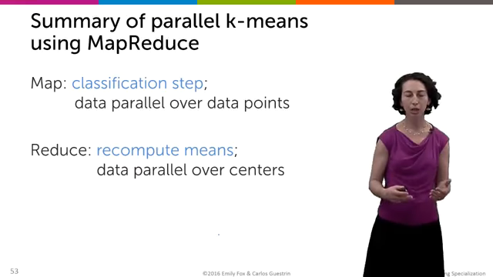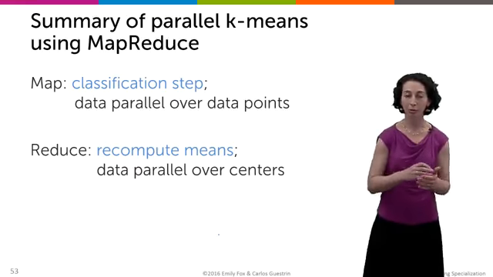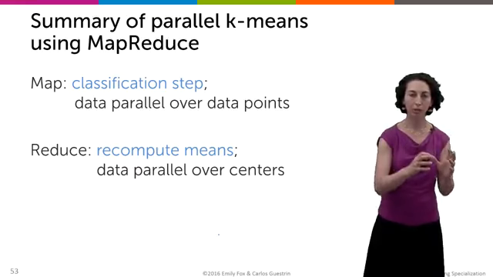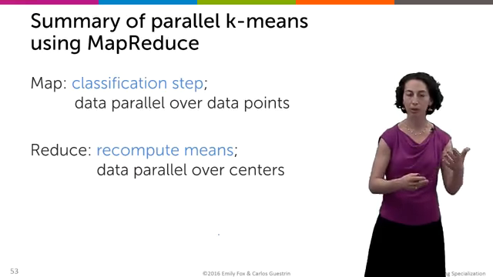And then the reduce step corresponds to the recenter step in k-means, which is data parallel over cluster labels, which represent the keys in this example, where for every cluster, we aggregate all the data within that cluster and divide by the total number of observations, which is equivalent to computing the mean.